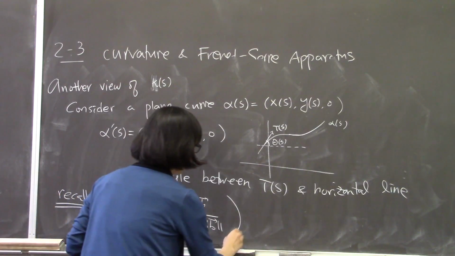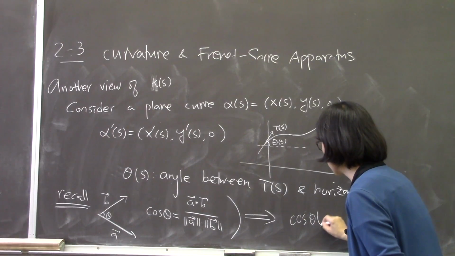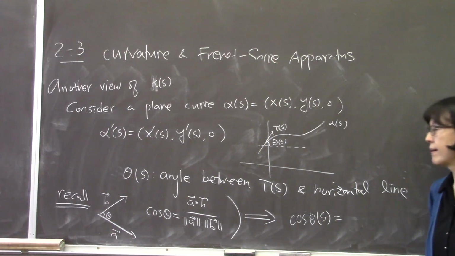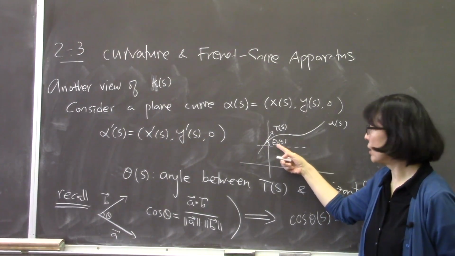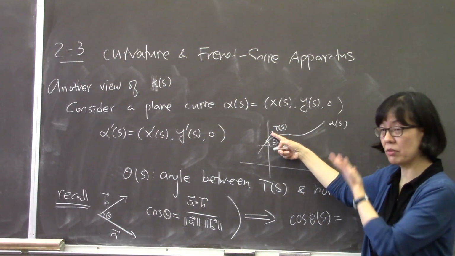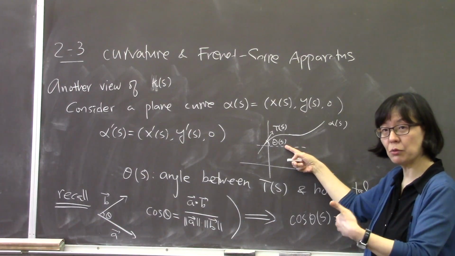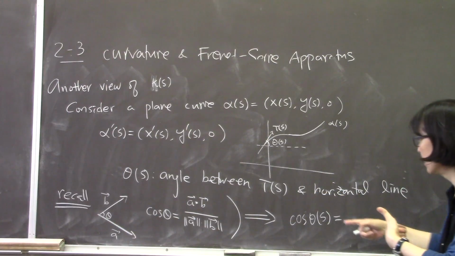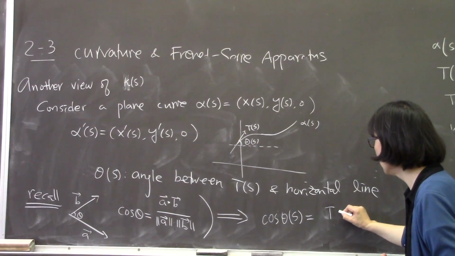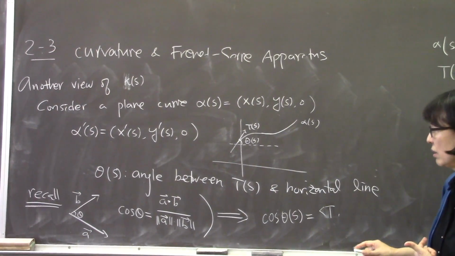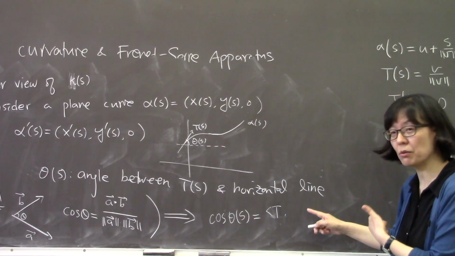So if you apply this one to that, we have cosine theta s. Then we need the two vectors. One vector is obvious, the tangent, and we use the i vector, 1, 0, 0. So that is the dot product of T and i. Sometimes I use this notation for dot product; either way is okay.